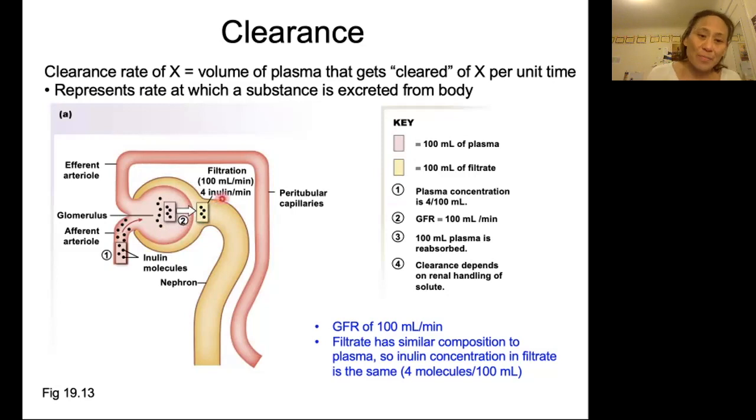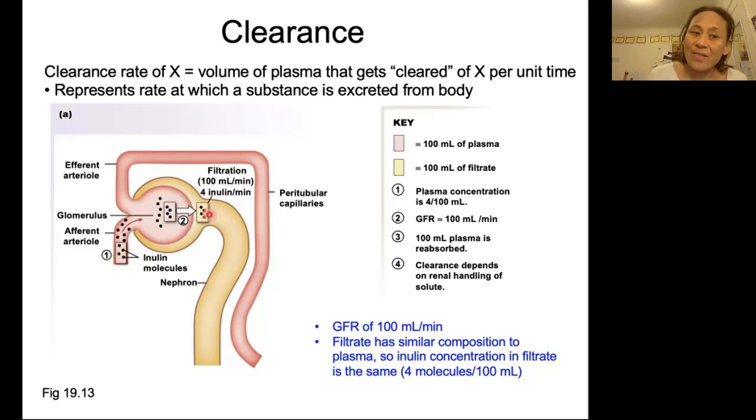And inulin is not a protein, so it's going to be present at the same concentration, okay? So we followed our 100 milliliters. Now it's here inside the tubule, and now it's filtrate instead of plasma, but it has the same concentration of inulin, these 4 molecules.